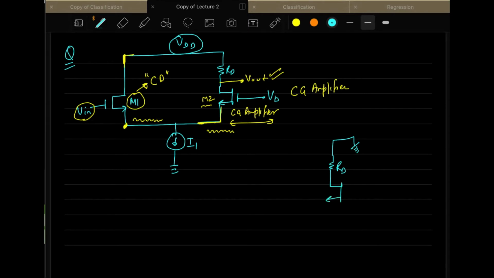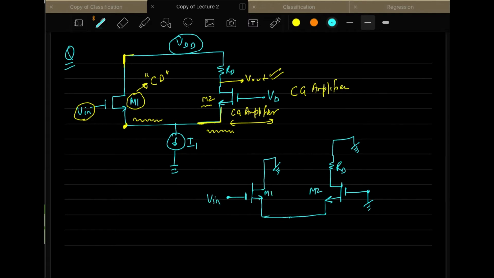Then you have this MOSFET M2, which is connected through the bias voltage VB, so it will also be grounded because bias voltages or any DC voltages are grounded. The current source will be open circuited because in small signal analysis current sources are open circuited. And then we have this MOSFET M1 like this, and this is Vin.